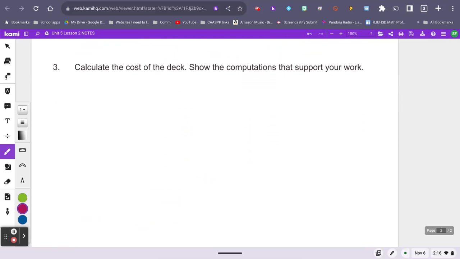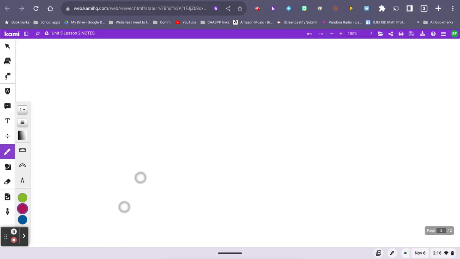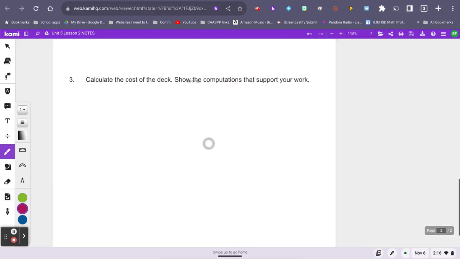So the first thing we need to do is the weight of the nail. So weight of nail: we're going to do 0.1288 inches cubed per nail, so each nail is that volume.